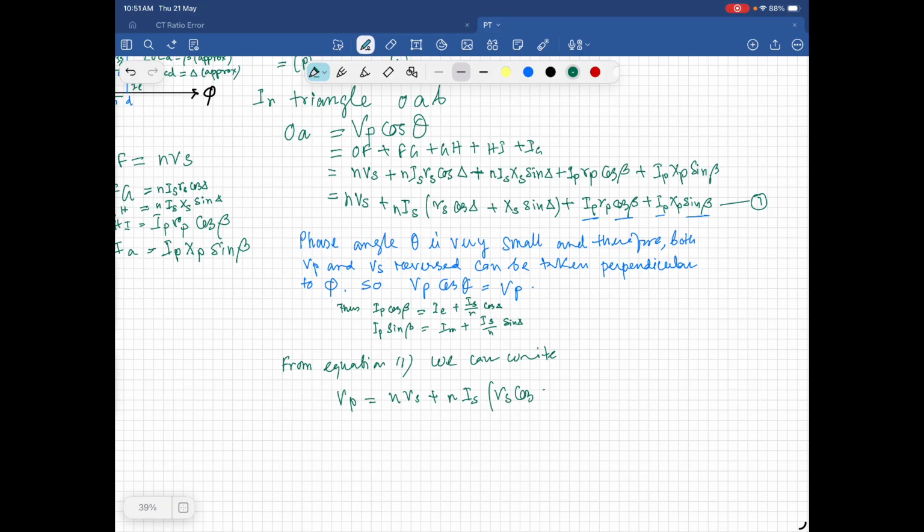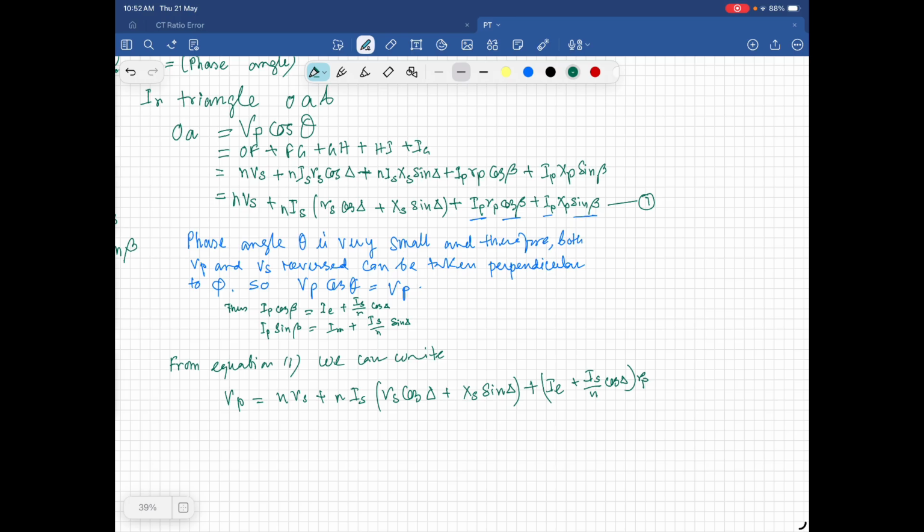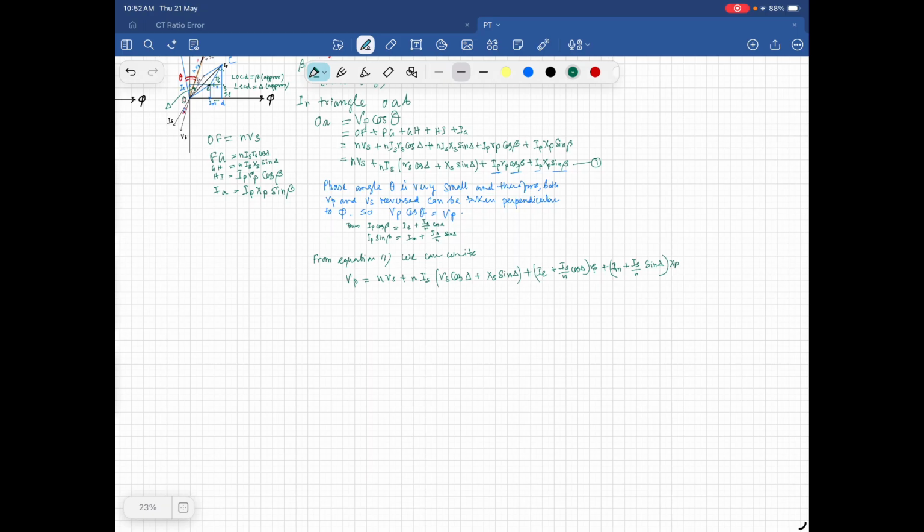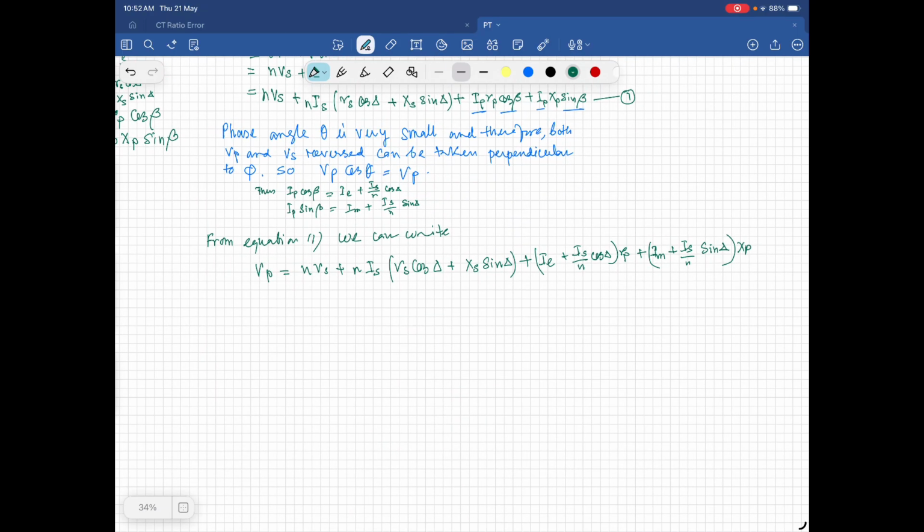So NIS, RS cos delta plus XS sin delta plus IE plus IS by N cos delta plus IM plus IS by N cos delta into XP. Previous one, this is into RP. So remember that, you please practice it.